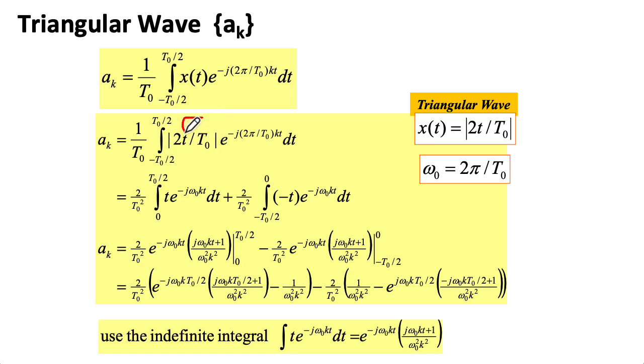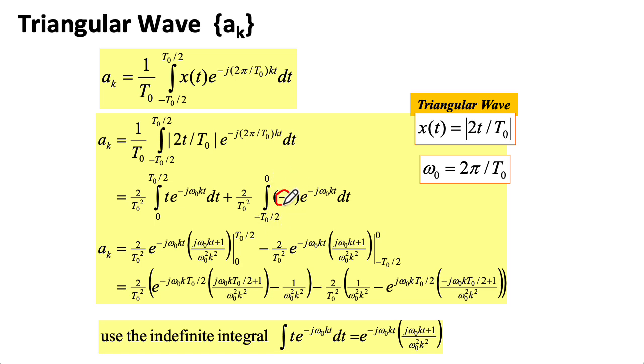That leaves me with this t, but I need to split it up. So in the area where t is positive, going from 0 to T0 over 2, I just write t. But for the area where t is negative, to take the absolute value, I need to write minus t. So that is for the region going from minus T0 over 2 to 0.